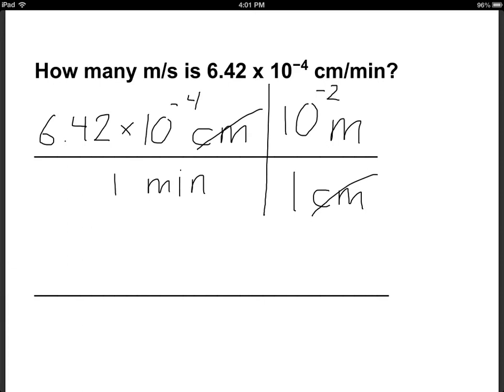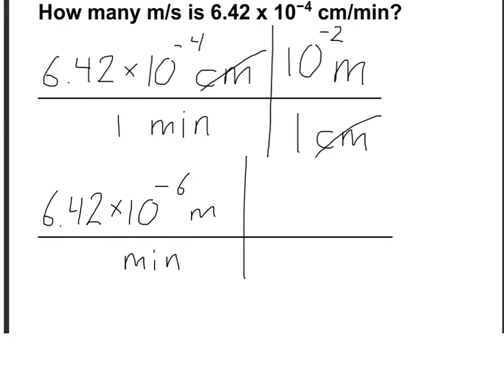But I don't want to be in meters per minute, I want to be in meters per second. Because I'm running out of a little bit of space, we're going to shift on down to the line below, which means I'm going to do a little solving on the top. Usually I would do all my solving right at the end, but just to make that transition. Alright, so we got 6.42 times 10 to the negative 6 meters over a minute. We're going to change minutes to seconds, so we've got minute, and we've got seconds.